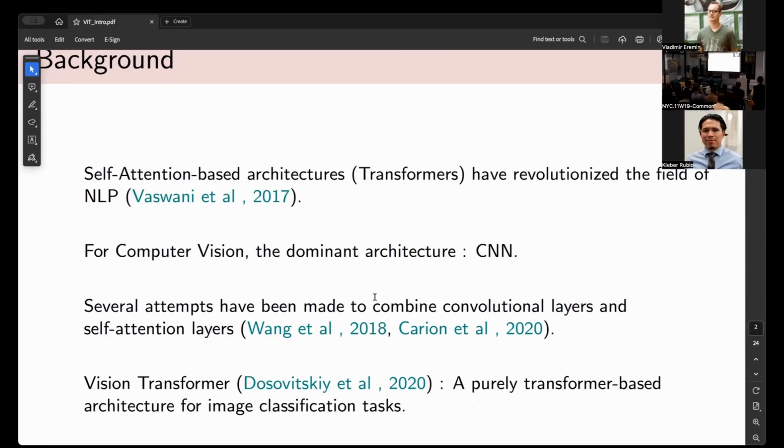Several attempts have been made to combine convolutional layers with self-attention layers in the past. But Vision Transformer, which came out in 2020, is a purely transformer-based architecture for image classification tasks. That's where it stands out from its predecessors.